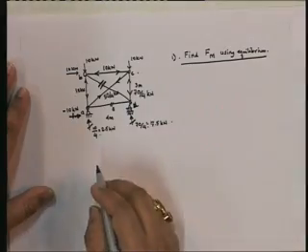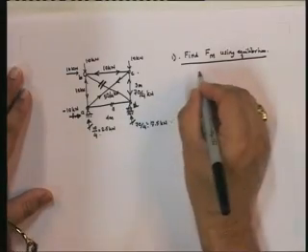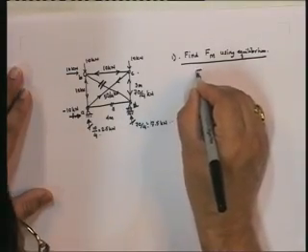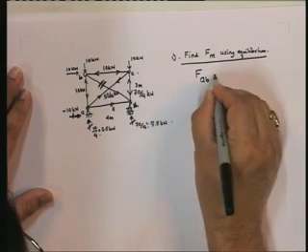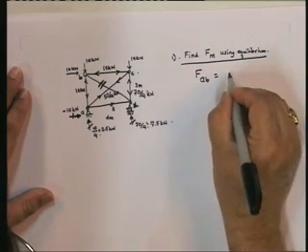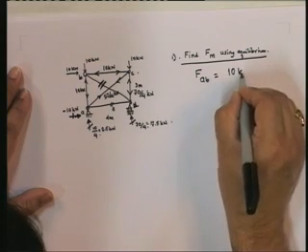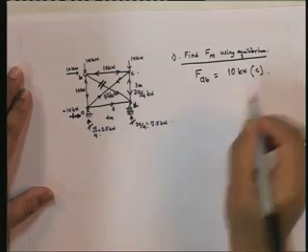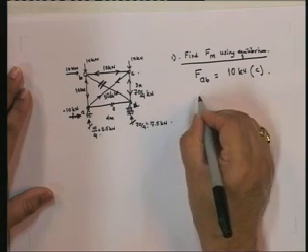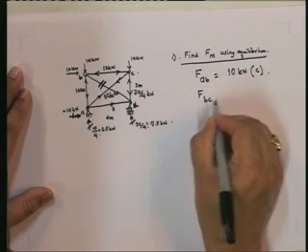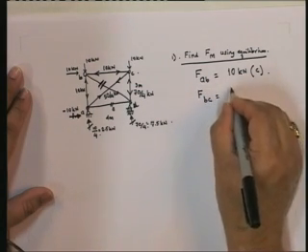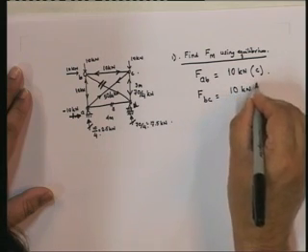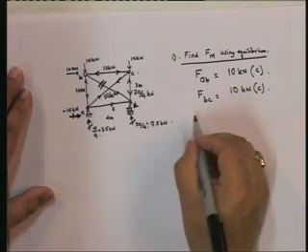So therefore, what did we have? Let me write down the forces. FAB is equal to 10 kilonewtons, compressive. FBC is equal to 10 kilonewtons compressive.